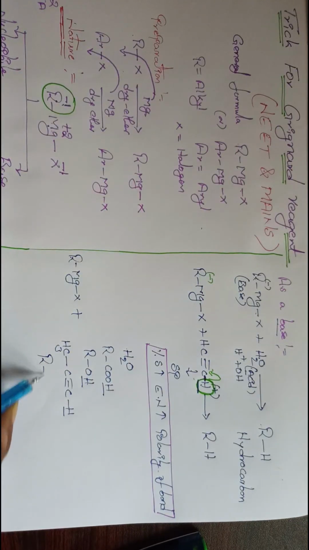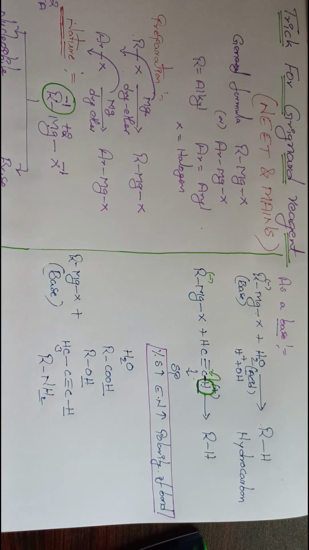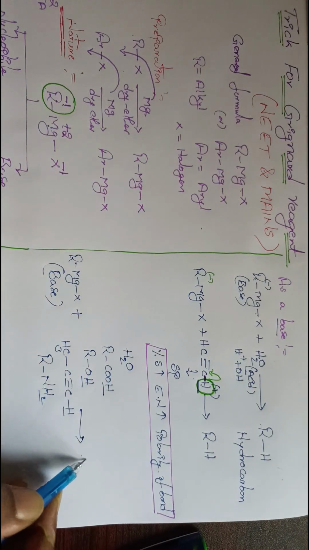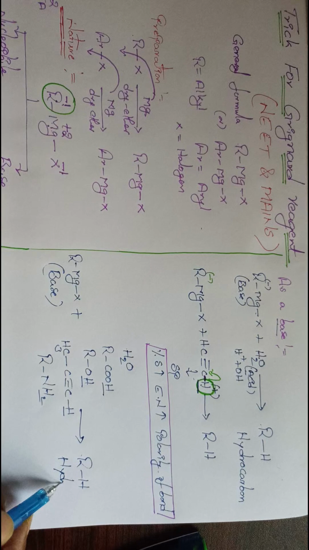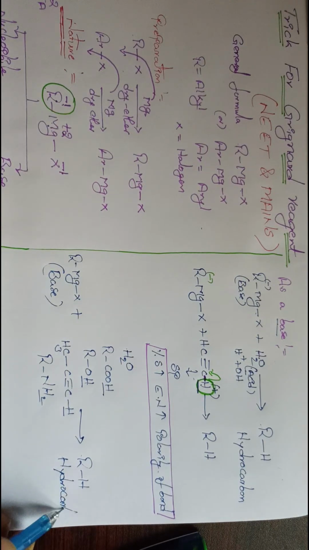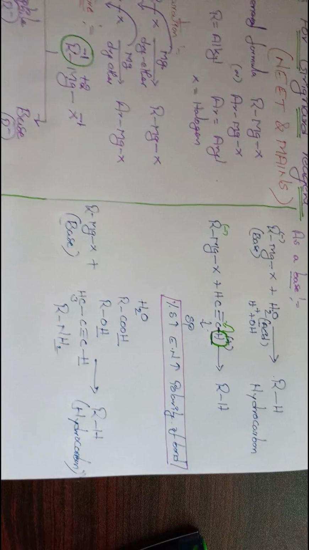With these molecules, Grignard reagent acts as a base, so the product is a hydrocarbon. Don't forget, students, this is very important for applications in the examination, based on sequences of reactions.